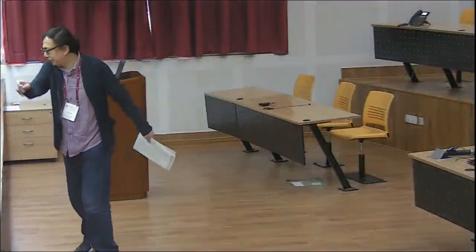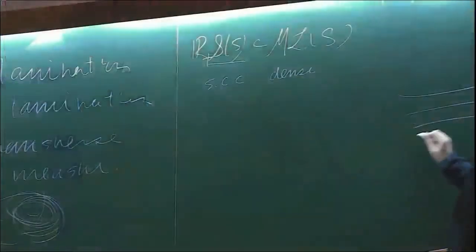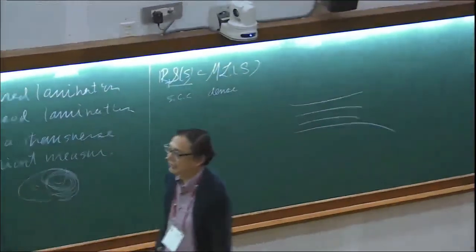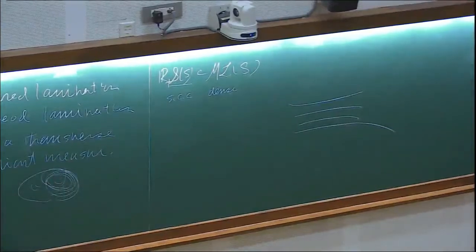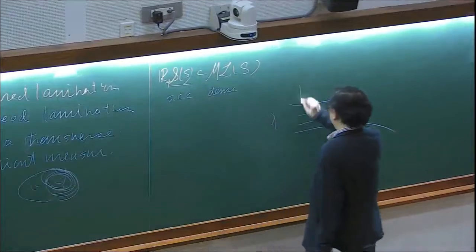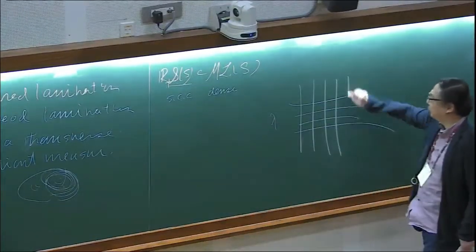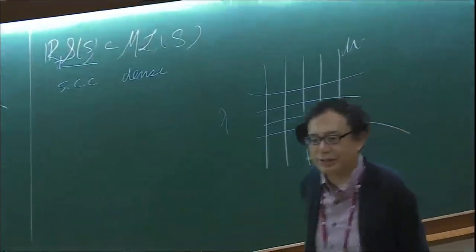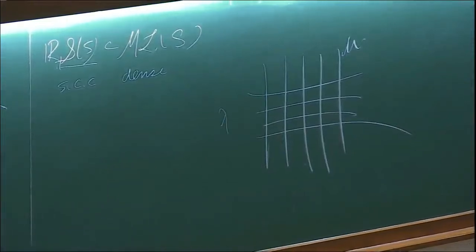So let me draw a picture illustrating the situation there. You have some measured lamination lambda and another measured lamination mu, and they are transverse to each other.